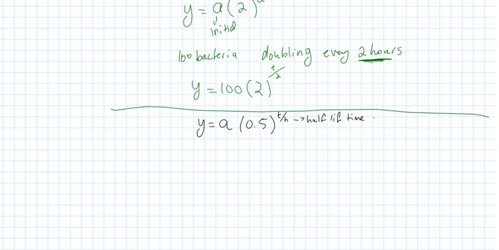So let's say I started with a material 10 years ago. I had 100 grams of something, and after 10 years, I know right now I have, let's say, 25 grams left. What did I start with, 100 or 10? I started with 100, and now I have 25 after 10 years.